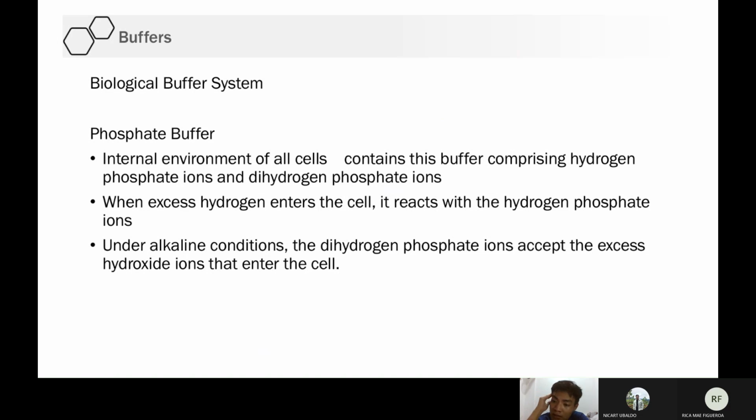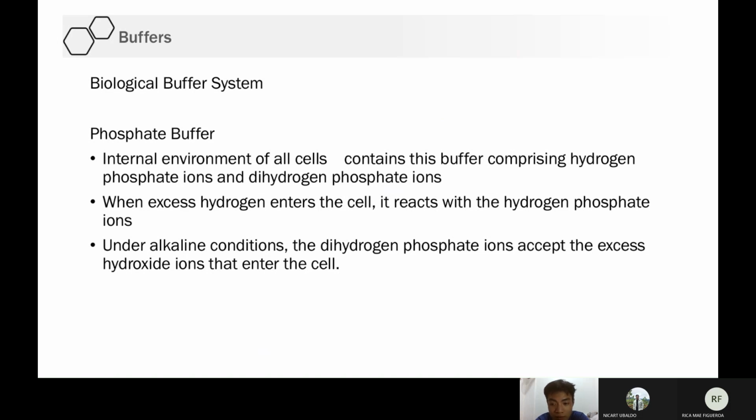So we know ATP is the energy currency. Without that, the cell cannot function. Other than that, ang isa pang reason is that kapag hindi tayo nagpo-produce ng ATPs, dumadami yung phosphate sa ating cell, which can lead to the disruption ng buffer system.